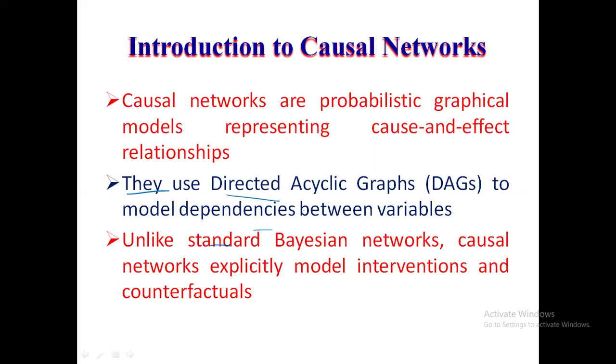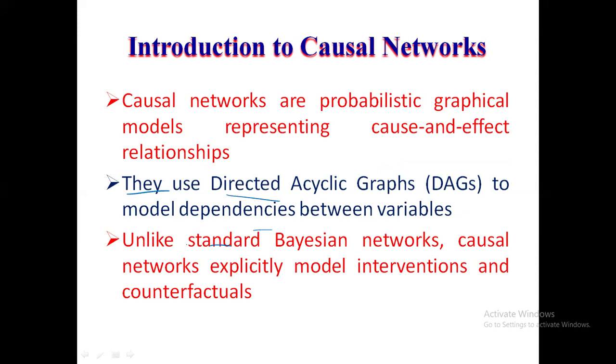This means what? A DAG is a graphical structure where nodes represent variables and directed edges indicate causation. The absence of cycles ensures that no variable can cause itself, making the model interpretable and logical. And the third part is, unlike a standard Bayesian network, causal networks explicitly model interventions and counterfactuals.